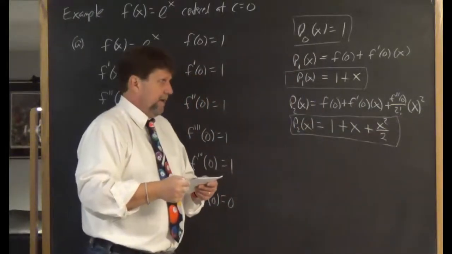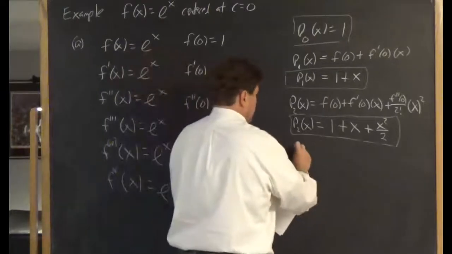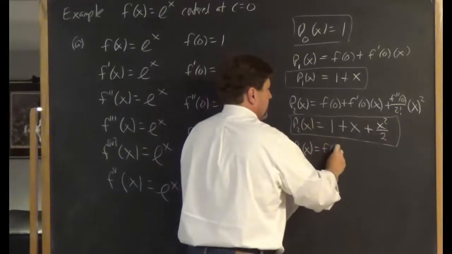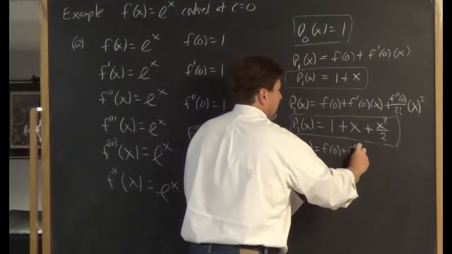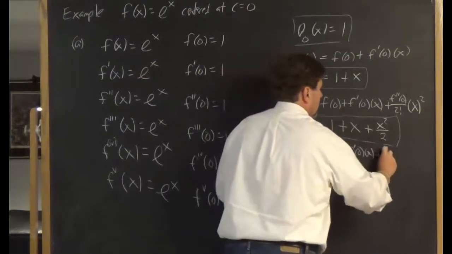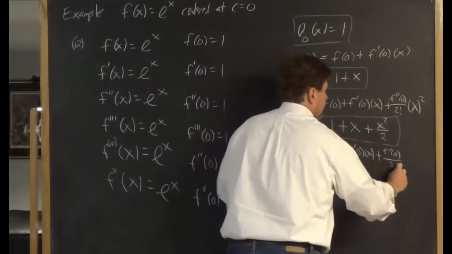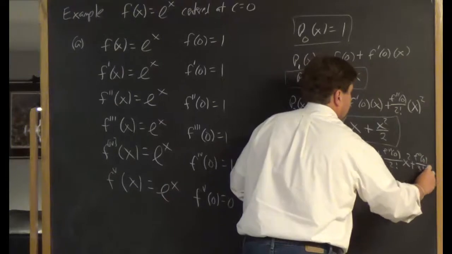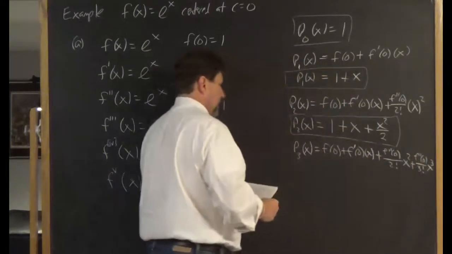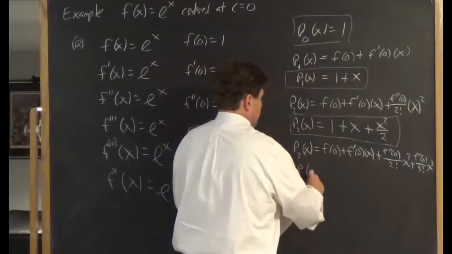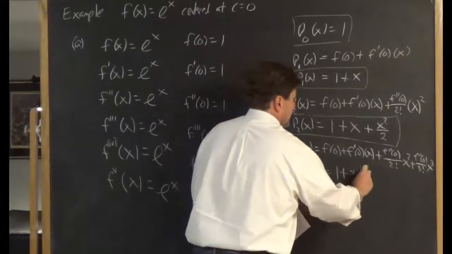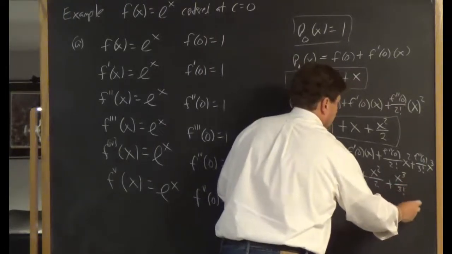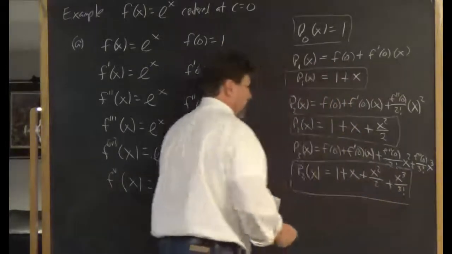So the next one, this is the last time I'll write this down, but just cranking through purely what the definition would be. F double prime of 0 over 2 factorial x squared plus f triple prime of 0 over 3 factorial x cubed. That gives us a 1 plus x plus x squared over 2 plus x cubed over 3 factorial. And yeah, I know 3 factorial is 6.